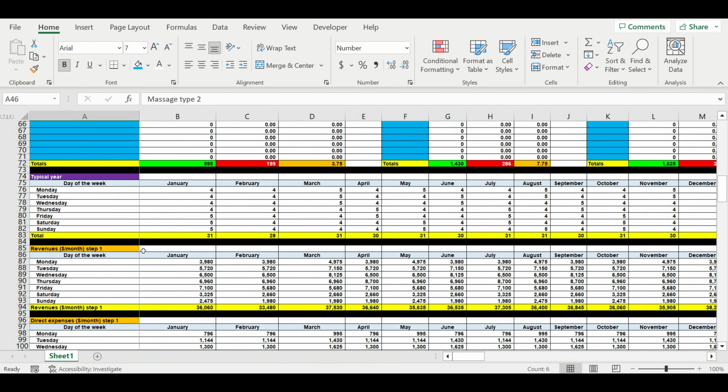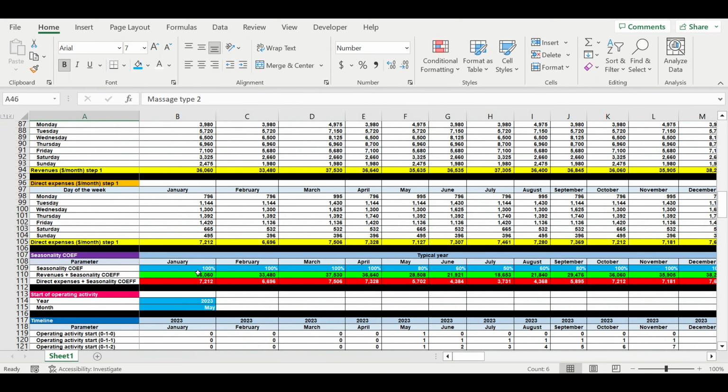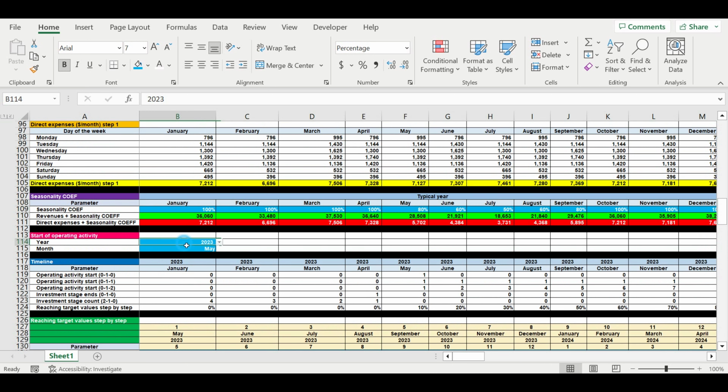So then we specify the seasonality for our massage salon. Then we specify when we start the revenue, when we open our business, when we get the first revenues, month and year.